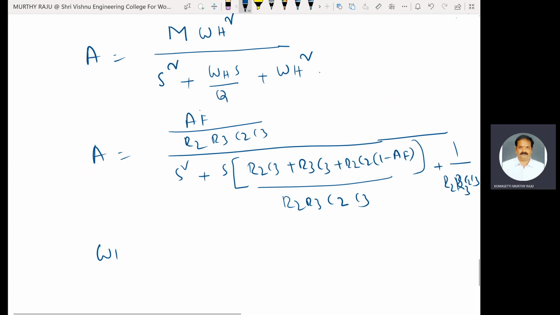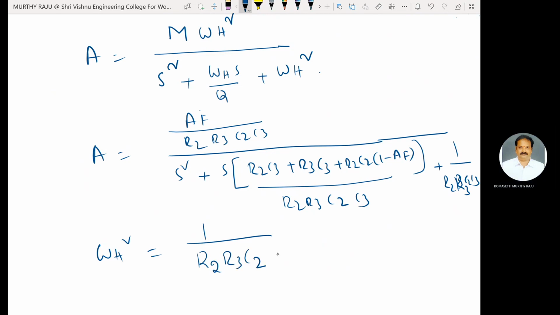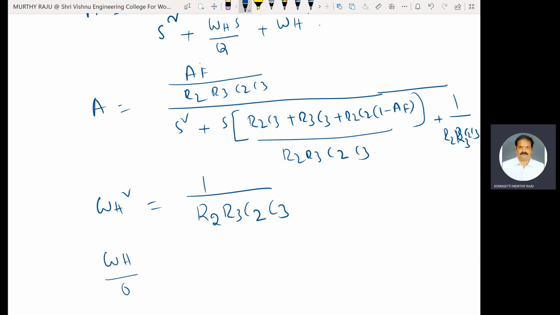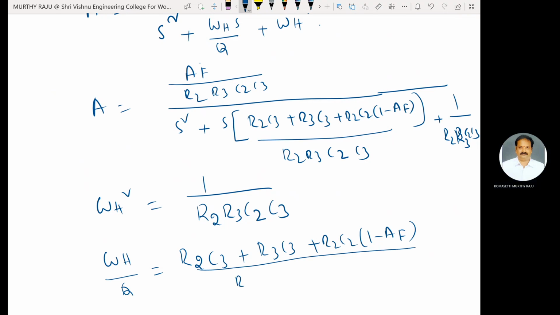Omega H square is equal to 1 by R2 R3 C2 C3, and omega H by Q is equal to R2 C3 plus R3 C3 plus R2 C2 into 1 minus AF, by R2 R3 C2 C3.